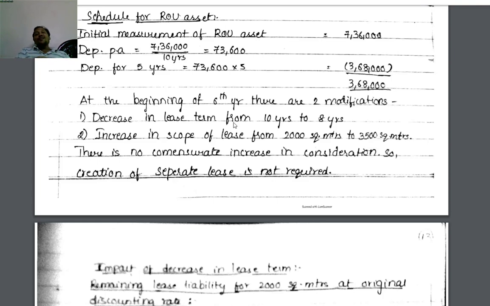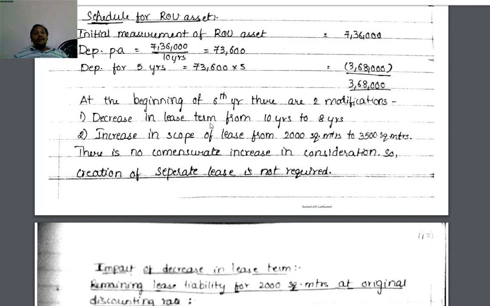Second one is increase in lease scope. Lease term reduces from 10 years to 8 years. Lease scope increases from 2000 square meters to 3500 square meters. There is no commensurate increase in consideration. So separate lease is not required. If increase in scope is there and commensurate increase in consideration is there, definitely separate lease should be accounted for.